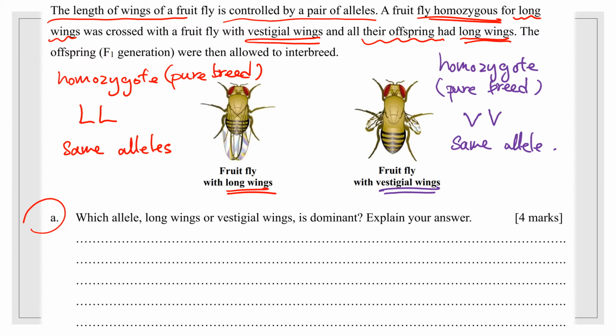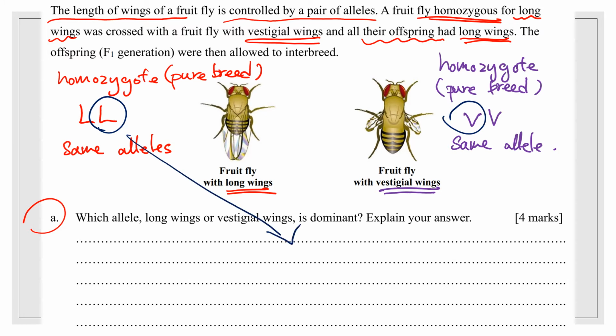Alright, so after they cross with each other, what will happen? The homozygous purebred long wing is going to give one allele of long wing to the offspring, while the homozygous purebred vestigial wing is also going to give one vestigial wing allele to the offspring.